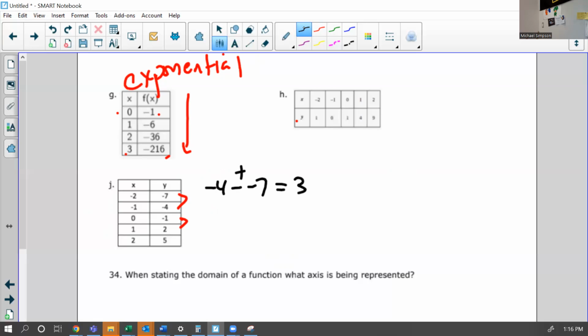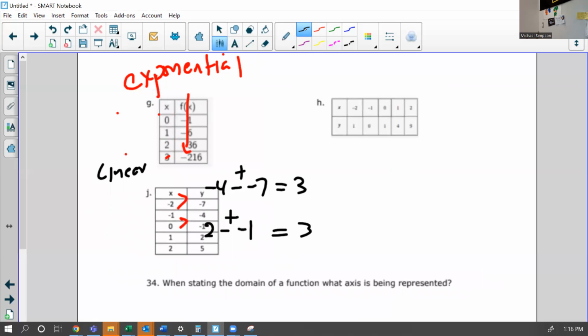Let's look at the other delta y. 2 minus 1. This is a positive right here. So that gives me 3. So you see that I took 2 delta y's on the y column. I get the same number. So it's safe to assume then that this is linear. Now on H, let's do the same thing now and see what happens.